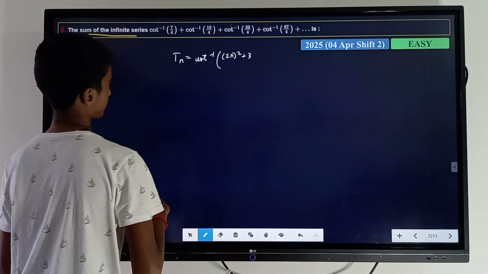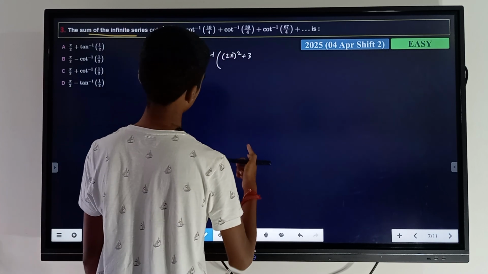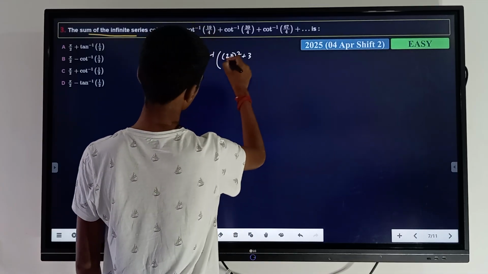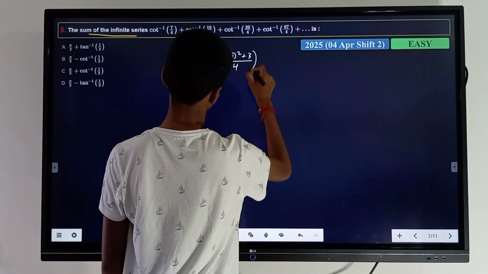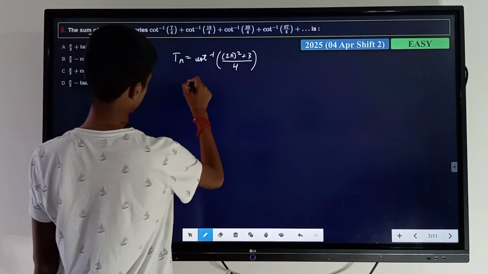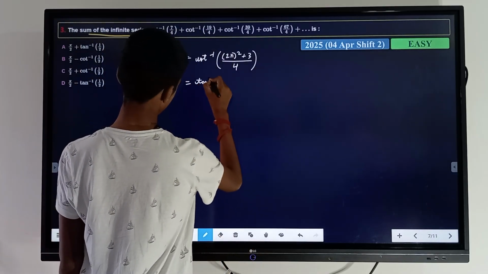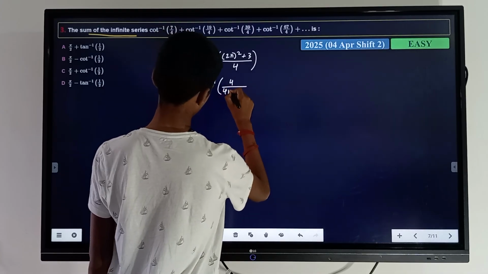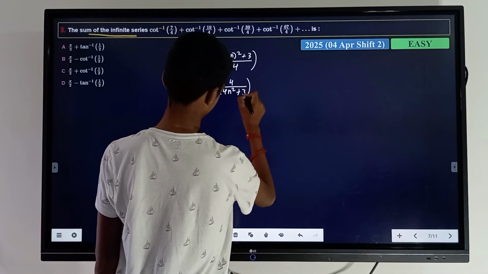Let's look for the second, 16 plus 3, and for the third, 36 plus 3, divided by 4. We can also write this as tan inverse 4 upon 4n square plus 3.